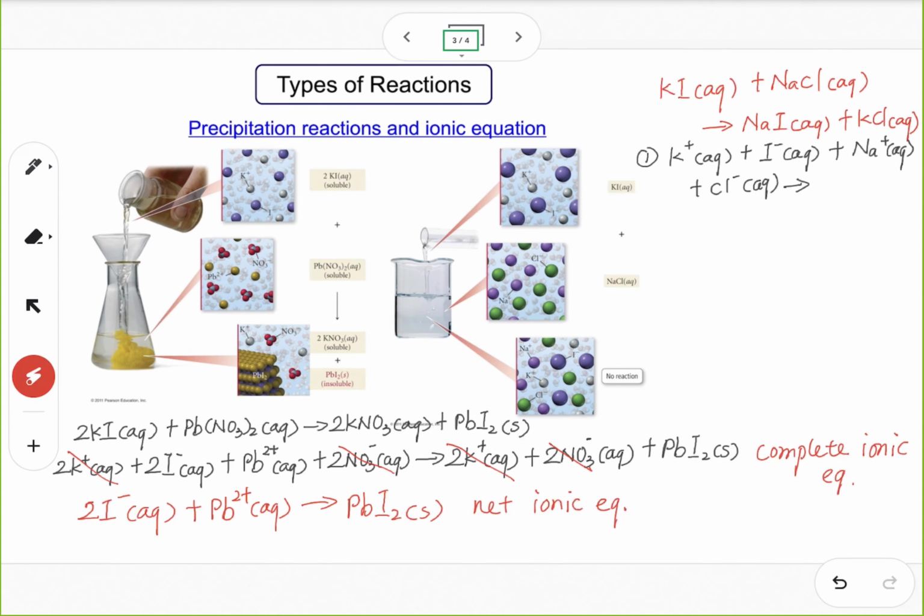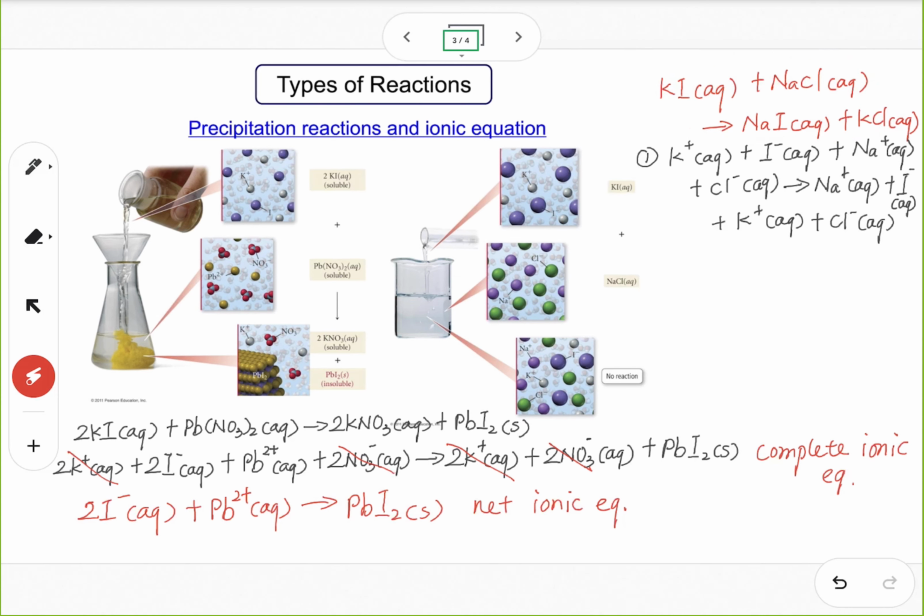It generates the two products. If you can get these two products, you will get one equivalent of sodium cation plus one equivalent of iodide, and plus one equivalent of potassium and chloride.